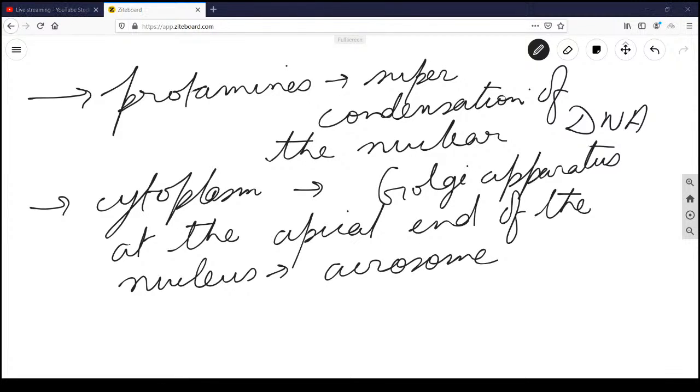Very important competitive exam question: from where does the acrosome arise? That is the Golgi apparatus. Now what is the acrosome? The acrosome is an enzyme-filled structure which plays a very crucial role in the fertilization process, known as the acrosomal reaction.